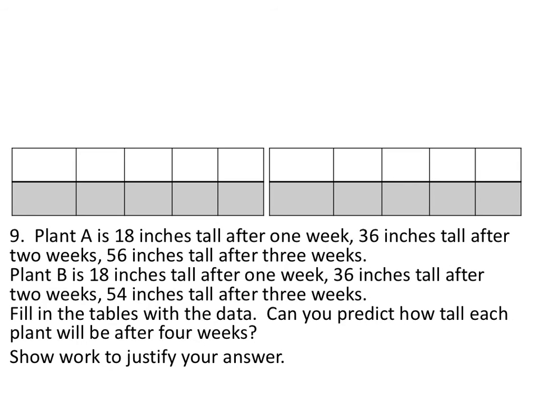Well, let's find out. So I'm going to say this is the table for plant A. And if they didn't put the table on your classwork there, that's okay. You just may have to copy it down, right? So we got plant A and plant B, and the two things we're comparing are the number of weeks and how tall it is, right? So I'll say this is its height.